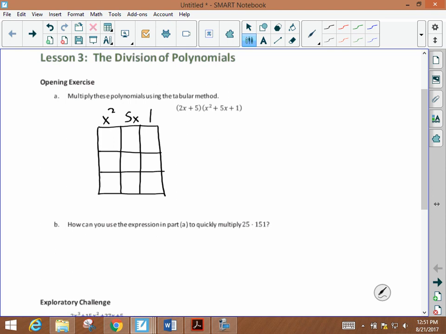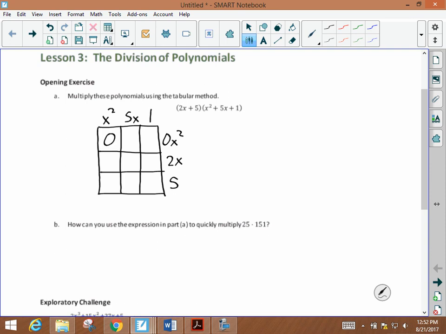So we start with x squared, x, and then our constant term, and then we'll put a 0x squared, because that's what's missing from 2x plus 5. And my x term, and then here's my constant term. Let's go ahead and multiply. 0x squared times x squared is 0, right?